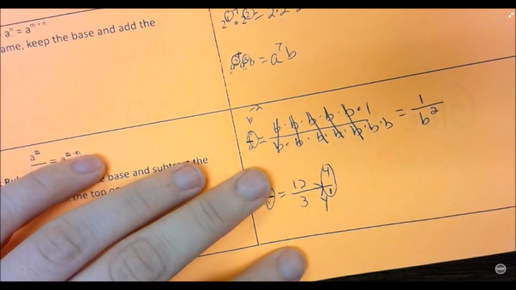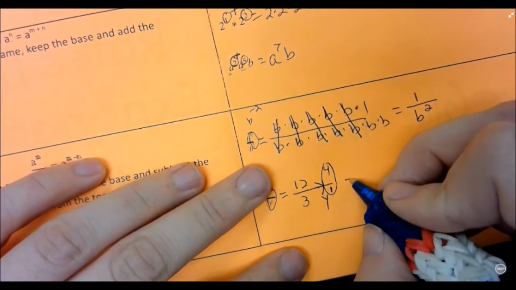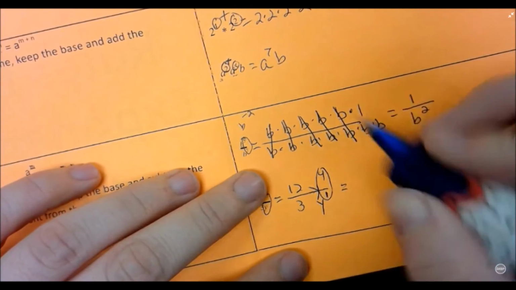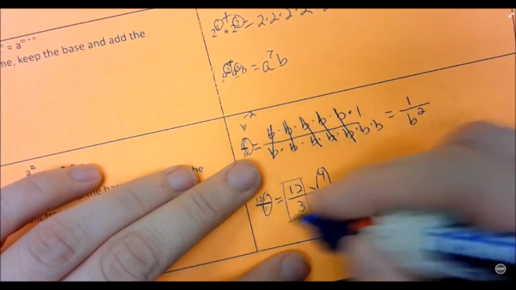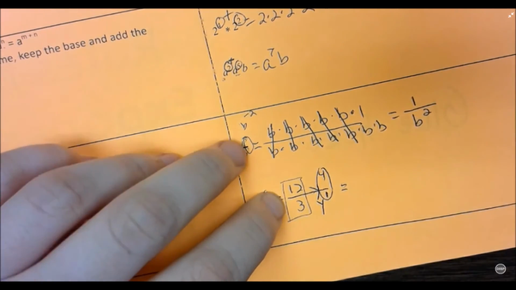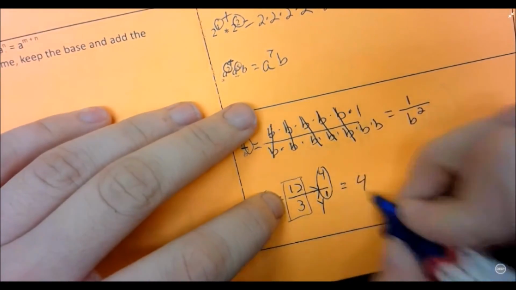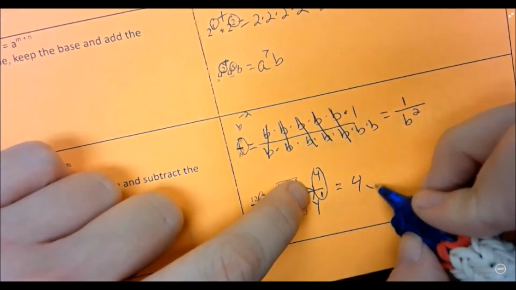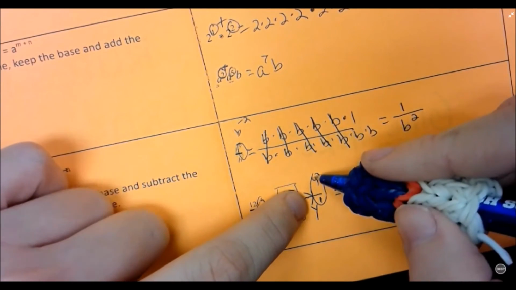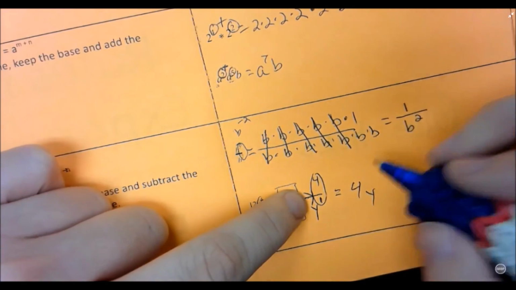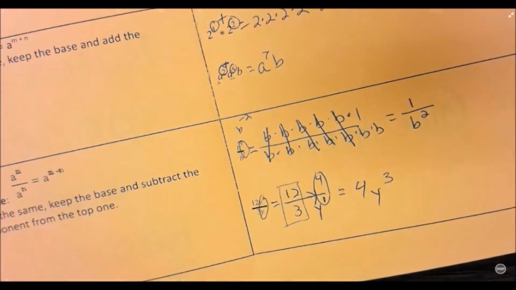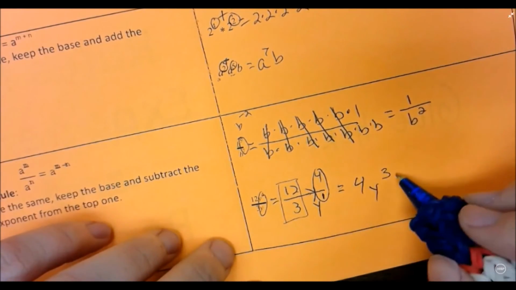So I'm going to use my quotient rule and subtract those. And also, don't forget that 12 divided by 3. We know 12 divided by 3 is 4. And then for the y exponent, y to the fourth divided by y is y to the third, because you take 4 minus 1 and it's your shortcut.